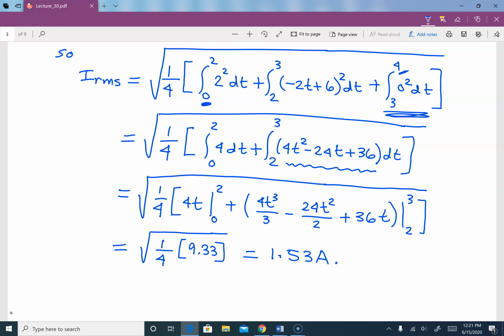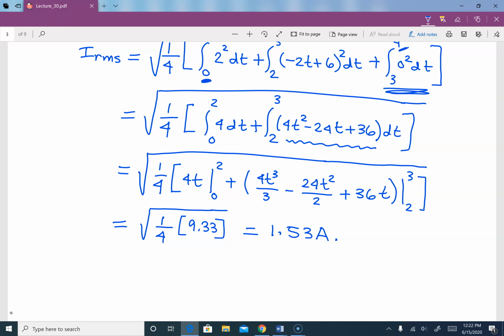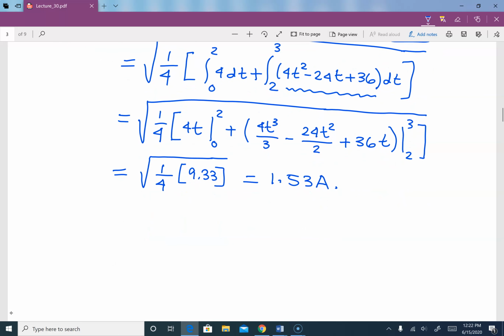So in this here 4t, that is 4 times 2 minus 4 times 0. Let me repeat that. 4t here is 4 times 2 minus 4 times 0. This over here 4t cubed over 3, the same thing, you have to substitute the 3 and the 2, right? You know how to do your integration and substitution.